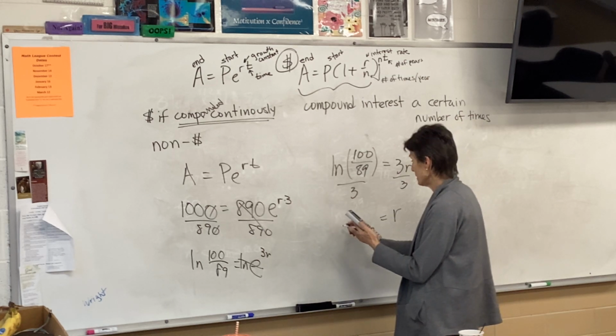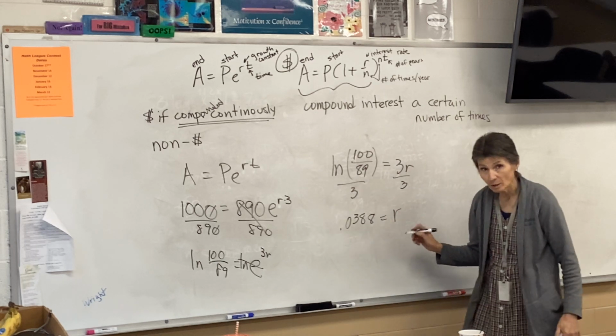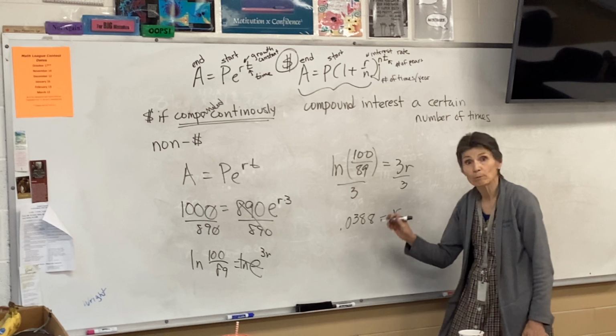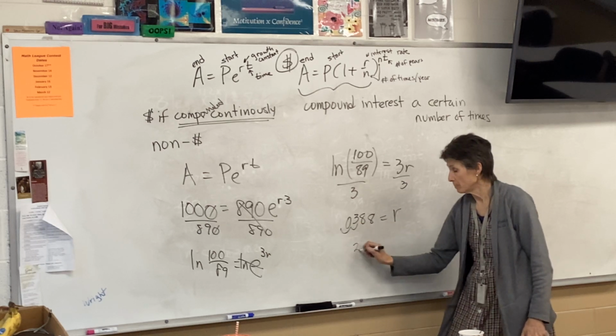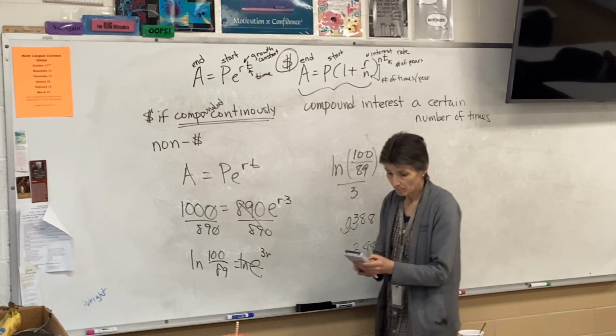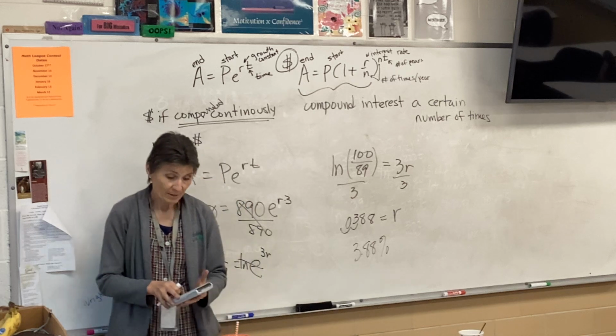The interest rate, 0.0388, is the decimal. So the interest rate percentage would be 3.88%. That would be the percentage, the actual interest rate that's required.